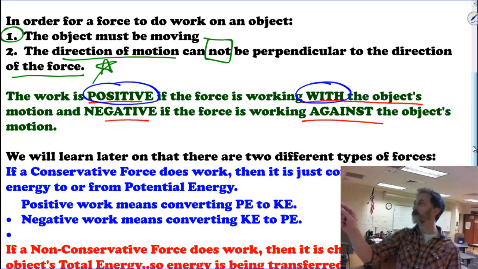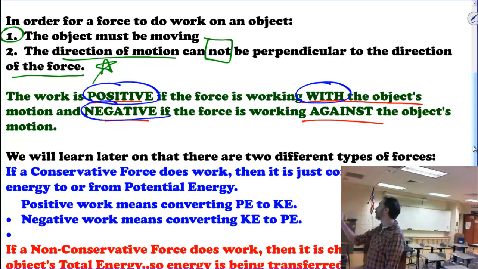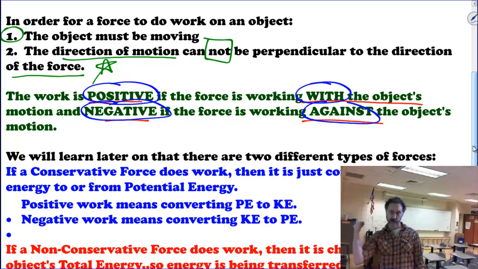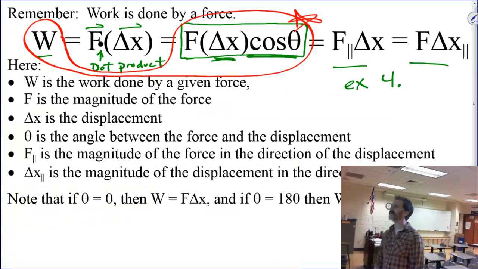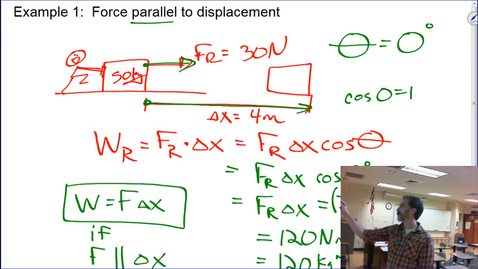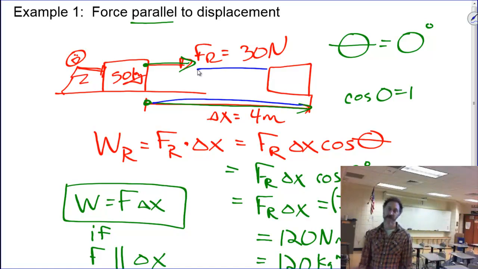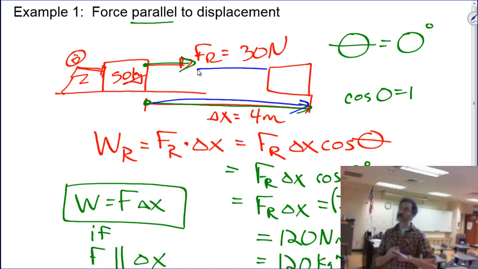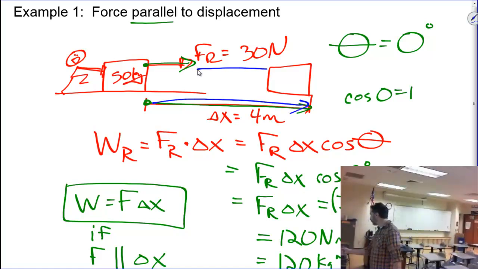And then in example number 2 with Superman, the work was negative when the force was working against the motion, right? So the bus is sliding this way, Superman pushed that way, they're working against each other, gives us negative work. Whereas in the first example, Roy's force was in the same direction as the motion, so that was positive work. Okay? So those are 2 of our 4 examples.